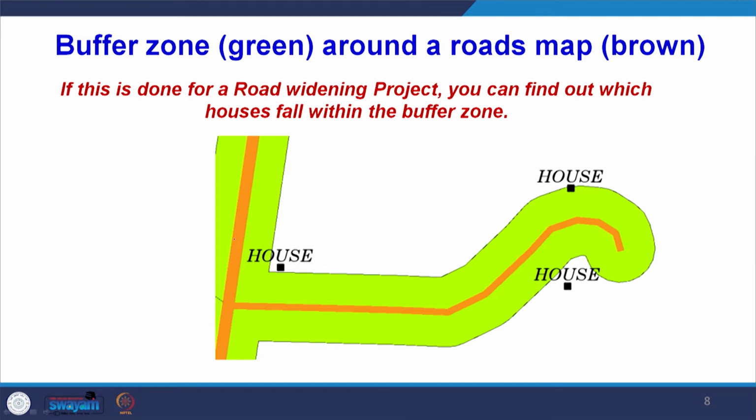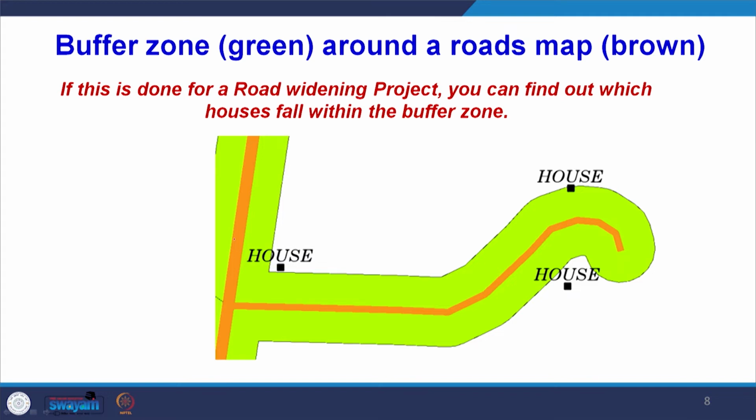Suppose we have created a buffer of 50 meter on either side of the road. So, we have a 100 meter corridor and we would like to see how many houses are falling within that 100 meter, because we have to widen this road. So, probably shifting of the houses has to be done. They are to be relocated to some other locations.